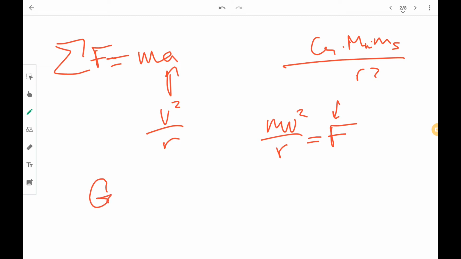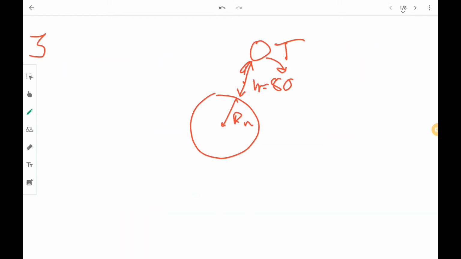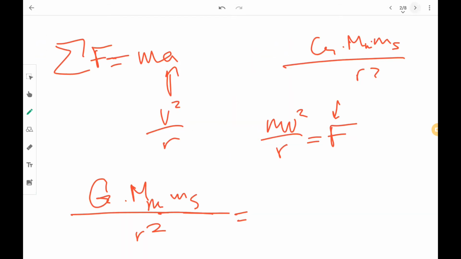So you'll have G, the mass of the moon, the mass of the satellite, small m, over r squared, r total. So it's the radius from which the object is from the moon plus the radius of the moon, is equal to m v squared over r. So from here you can solve for v squared.